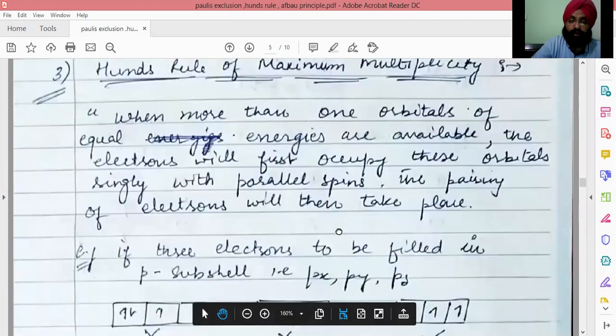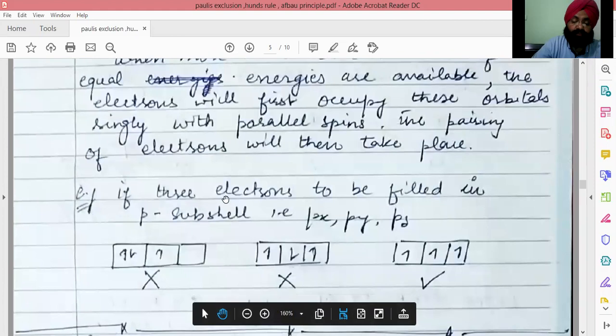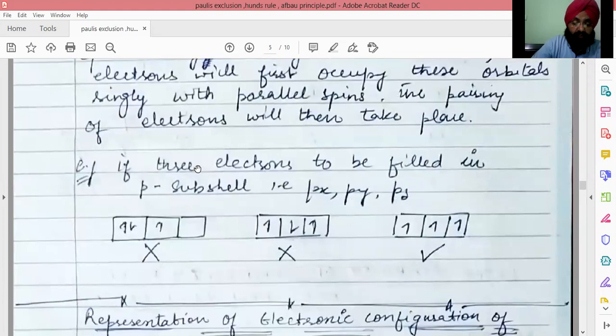So what does Hund's rule state? Hund's rule states that while filling electrons in degenerate orbitals, we have to fill electrons singly first. It means we have to fill either upspin or downspin first. It is wrong to pair them in a single orbital.